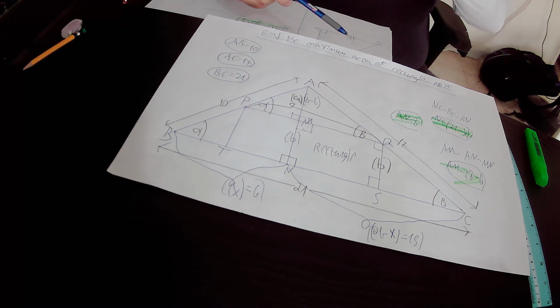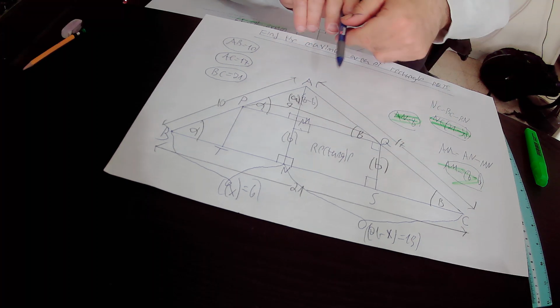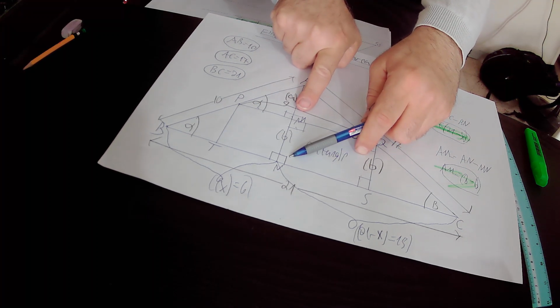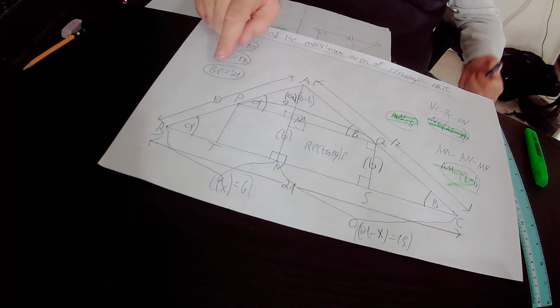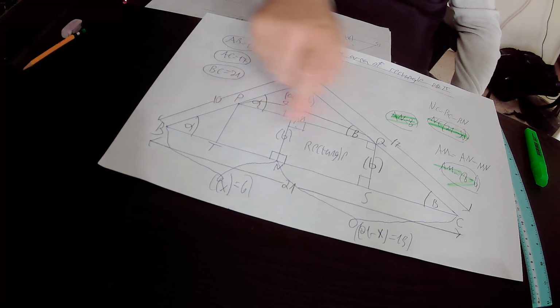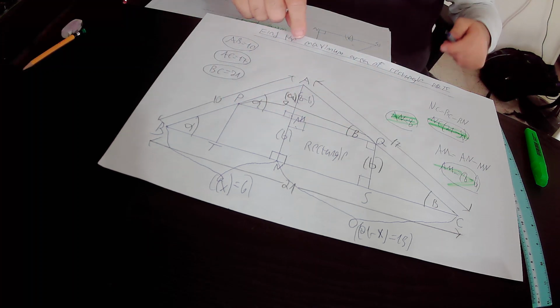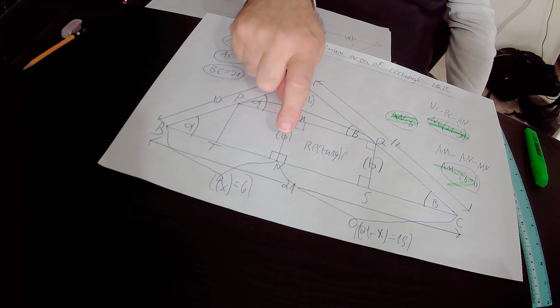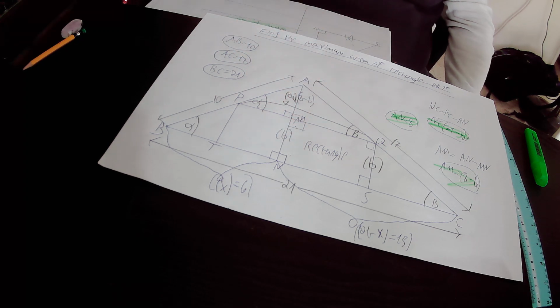Likewise, those two angles are also corresponding angles between the same parallel lines PQ and BC, so they are equal. This corresponding angle equals 90 degrees, therefore this angle must also equal 90 degrees.